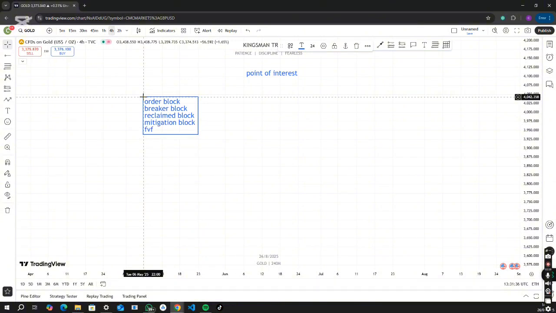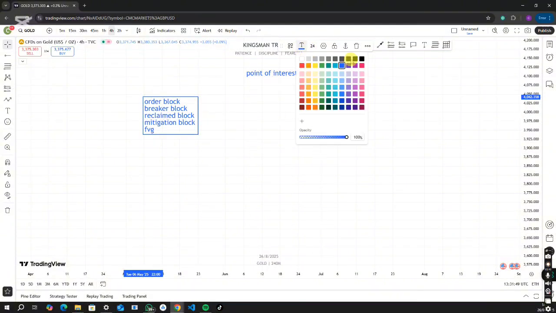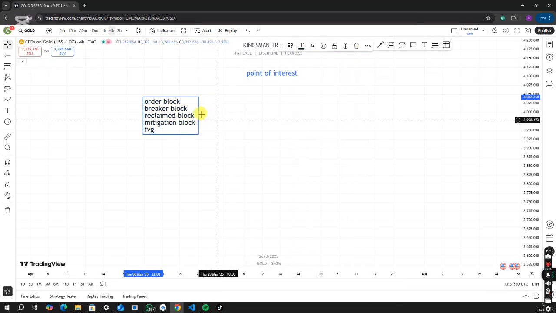I don't really use that, but it can be highly profitable when applied the right way. Let me change this color to black. I don't even understand the color of this text. I hope I'm not missing any. Okay, no. Order block, breaker block, reclaim block, mitigation block, and FVG.